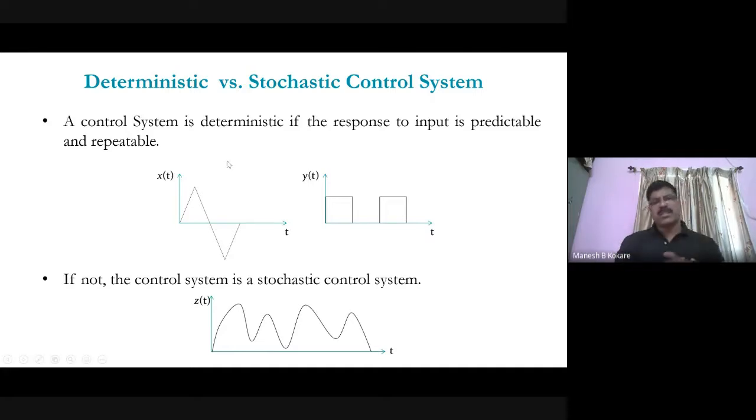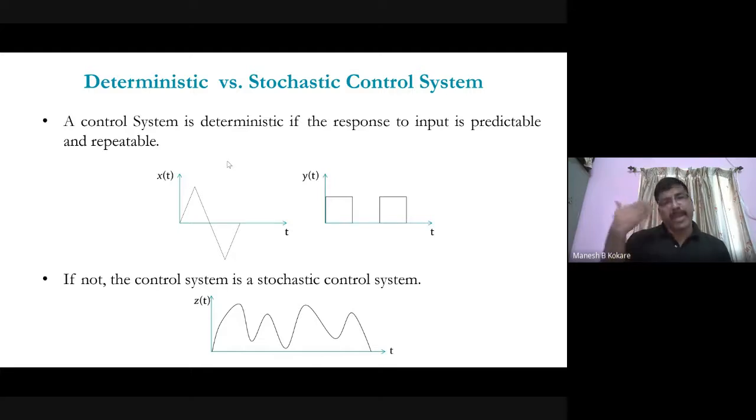For example, take Ohm's law: V is equal to I into R. If you know the voltage and resistance, you can predict the value of current, whatever the voltage and resistance may be. That is called a deterministic system.